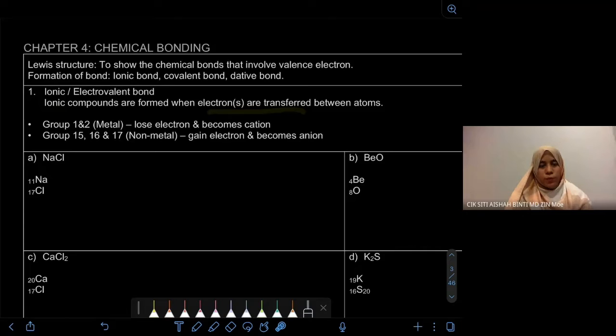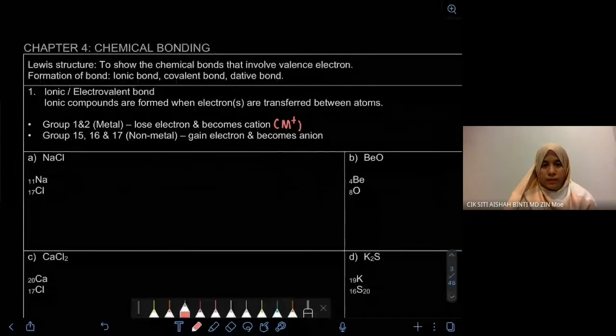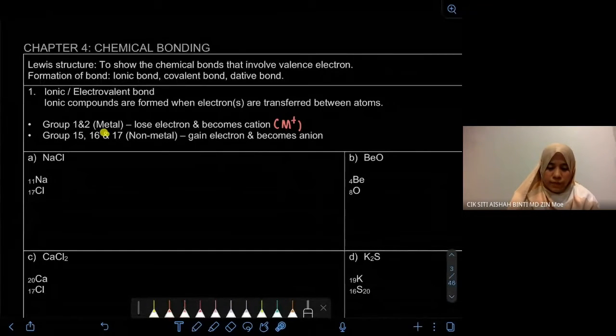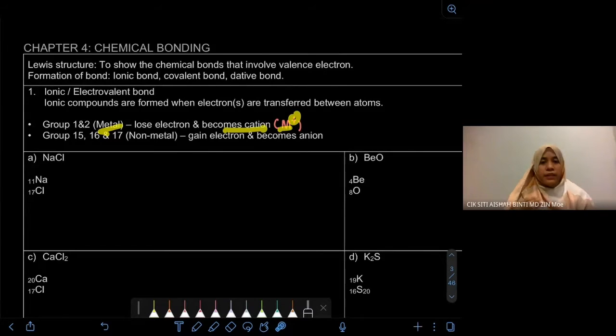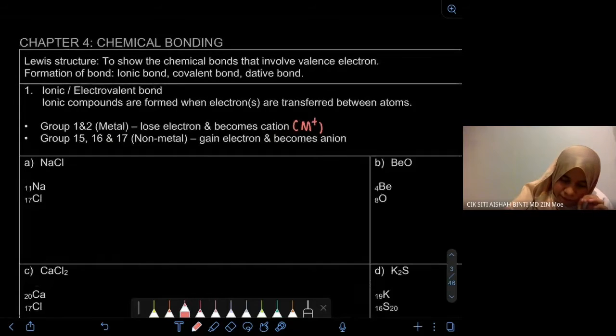So it will be between group 1 and 2, which is our metal, which will lose electron and become a cation. So it becomes a cation, written here as M+. M stands for metal, and the plus is because it is a cation, it has lost, or the other way to see it, it has donated electron.